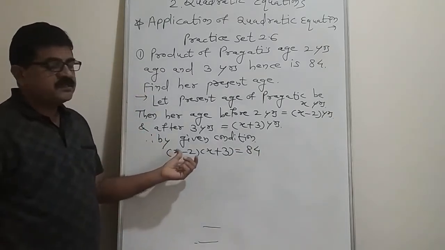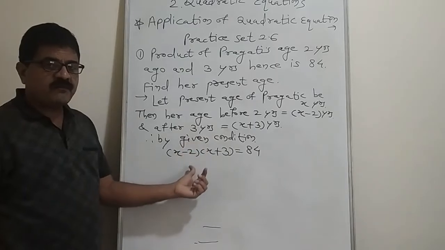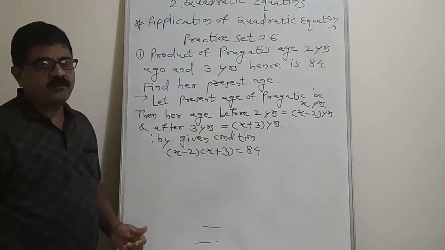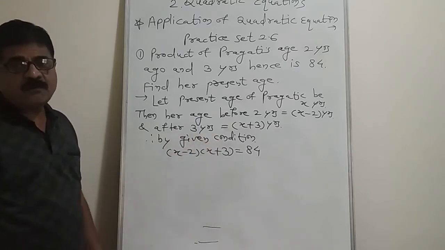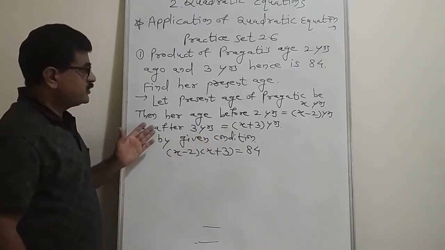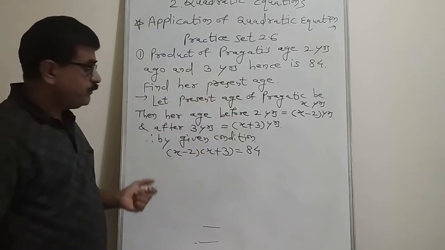Now from this, first we have to form quadratic equation in the standard form, and by solving that quadratic equation, find the value of X, and X is the present age of Pragati.